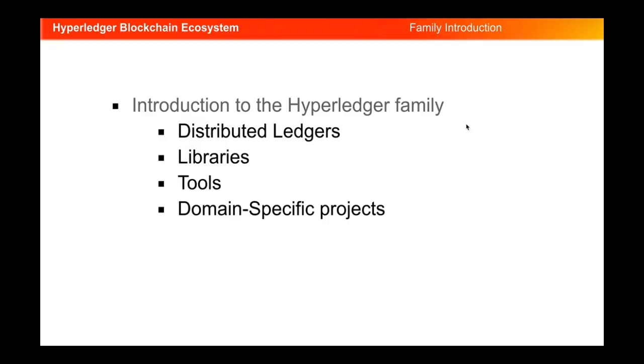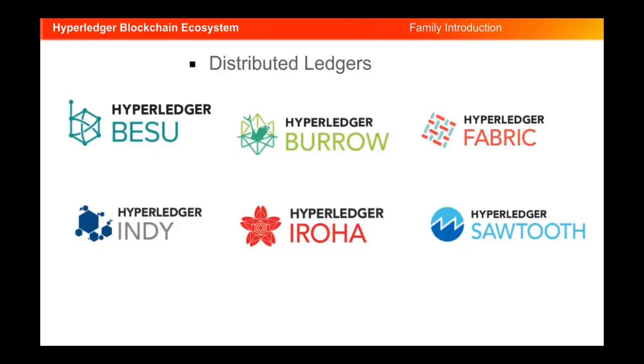In the Hyperledger family, all the projects under the Hyperledger umbrella are divided into four categories, which are described here. First is distributed ledger, then libraries, tools, and domain specific projects. Now let us see what projects come under these subcategories.